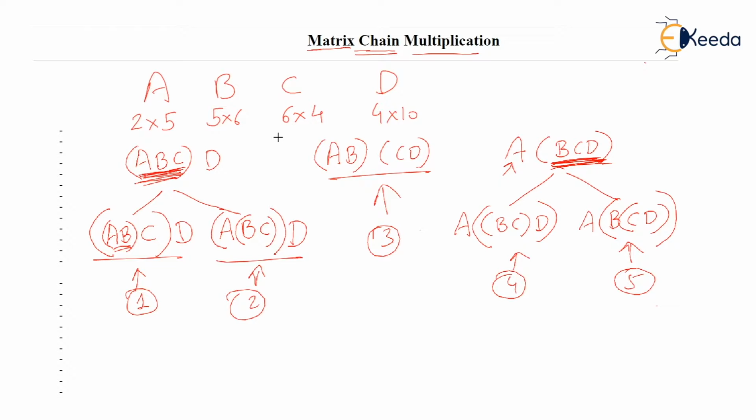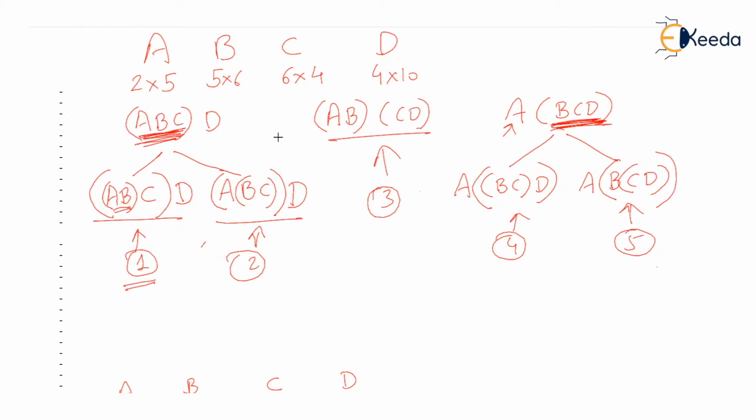As an example, how many total multiplications will the first combination require? Just see this. What is the first order? You will first multiply AB, correct? Check the first order here.